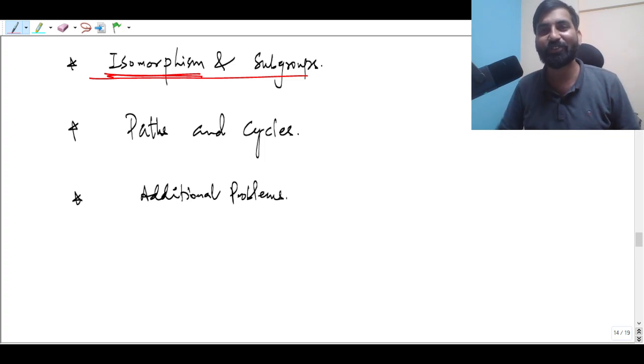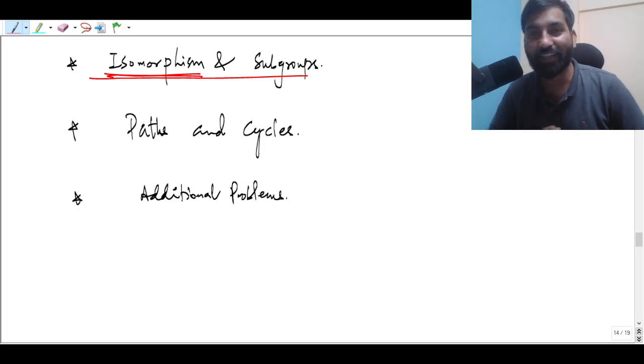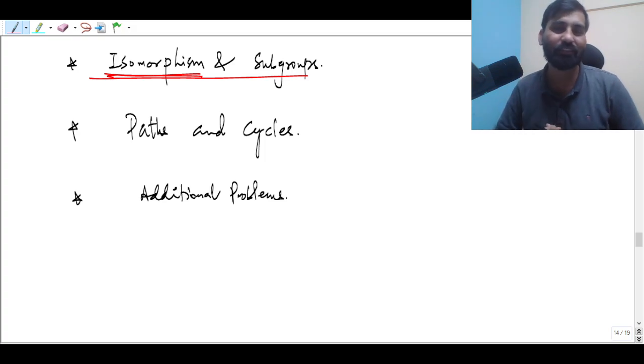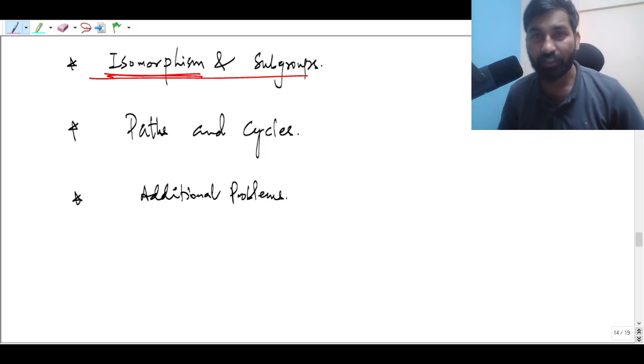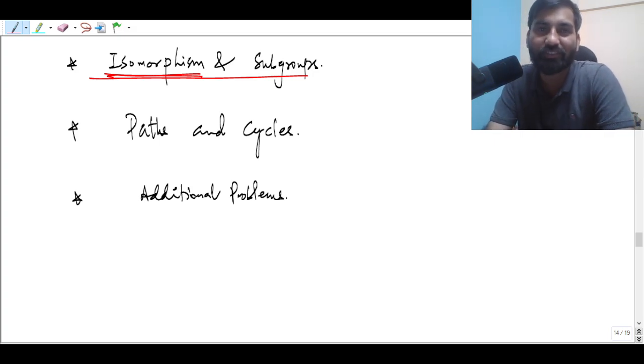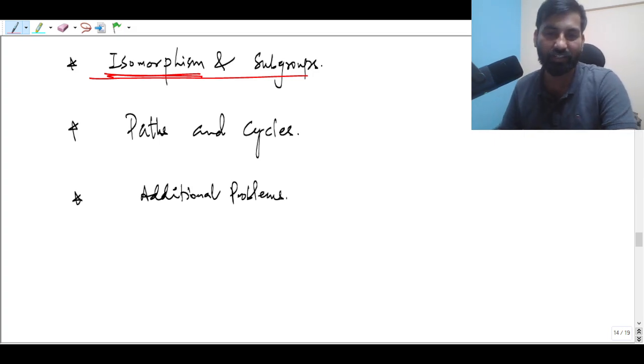So graph theory is one of the important concepts. We'll talk about walks, what is a path, what is a cycle, and some additional problems we are going to do. I'm not giving you much insight into these topics, but we have to study them under graph theory.